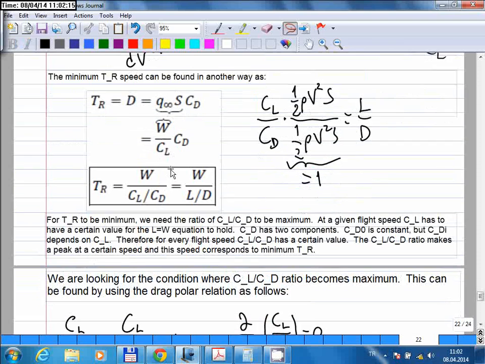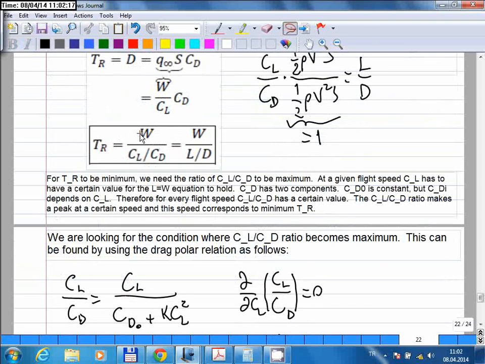And from there, you see that the thrust required can be written as the weight of the aircraft divided by CL over CD. And from here you can conclude that since the weight of the aircraft is constant, the thrust required changes with the lift to drag ratio. And if you want the thrust required to be minimum, then you need to make sure that CL over CD is maximum.